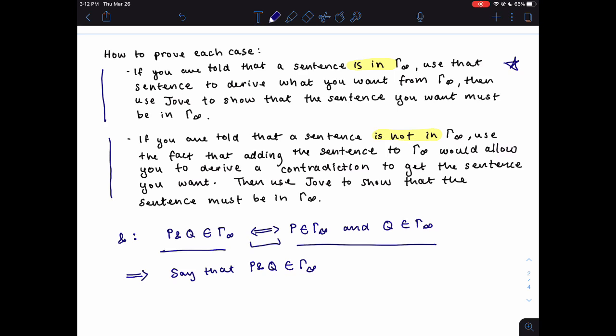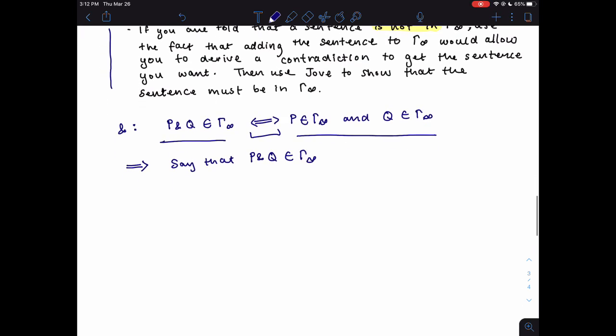Okay, so the next step is to use the sentence to derive what we want from gamma infinity. Well, that's actually going to be pretty easy. We want to derive P and we want to derive Q. And because we know that P and Q is a member of gamma infinity, it's going to be a simple application of conjunction elimination.